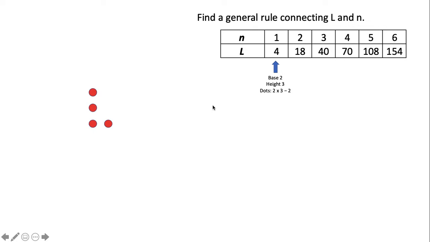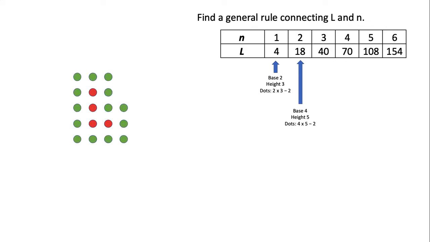So if you can get kind of underneath the problem and figure out what's going on, you can start to break it down into easier patterns. So the next one you get, it's like a rectangle, but there's a couple of things missing. It's got a base of 4 and a height of 5. So the number of dots is 4 times 5, but then minus 2 missing ones.